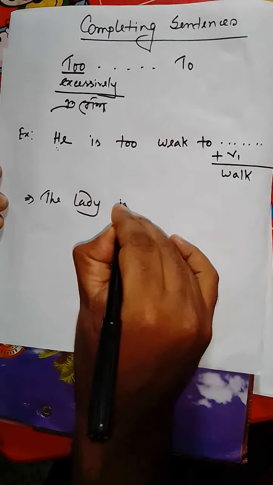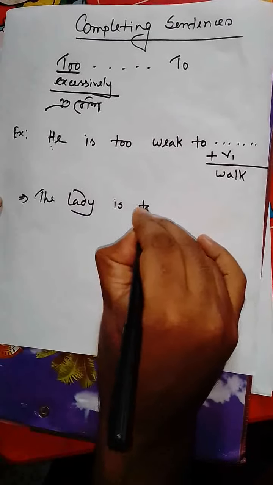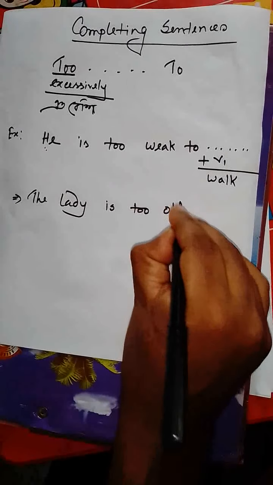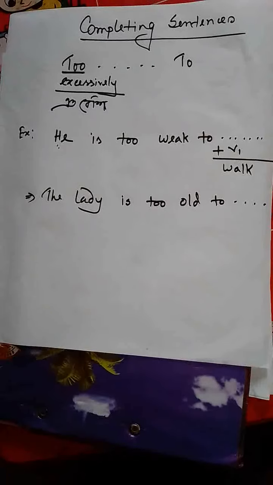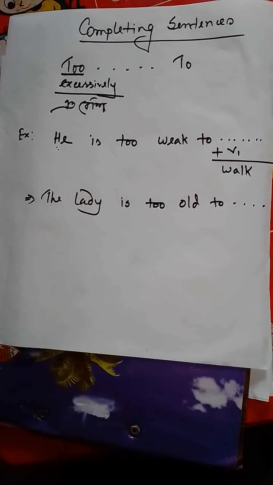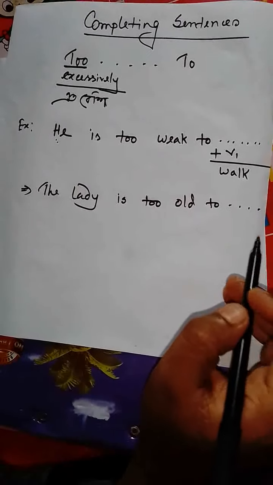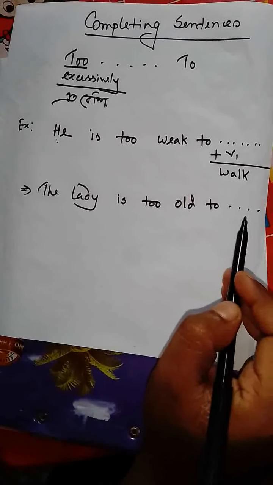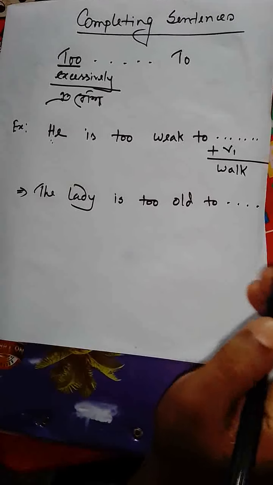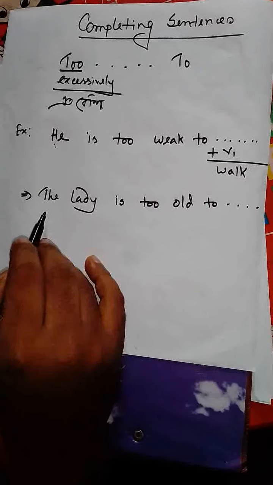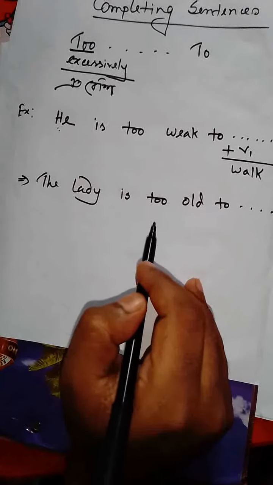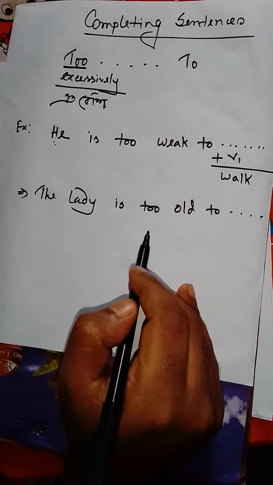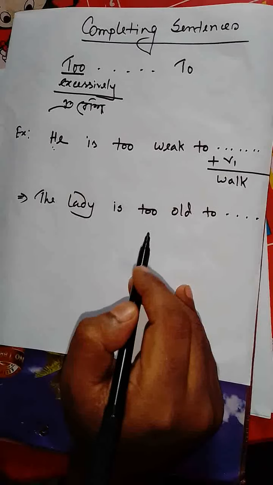Now I am going to give you some other examples. The lady is too old to... My dear students, you have to complete the rest of the sentence. The lady is too old means the lady is excessively old, very old, and she can't do something.